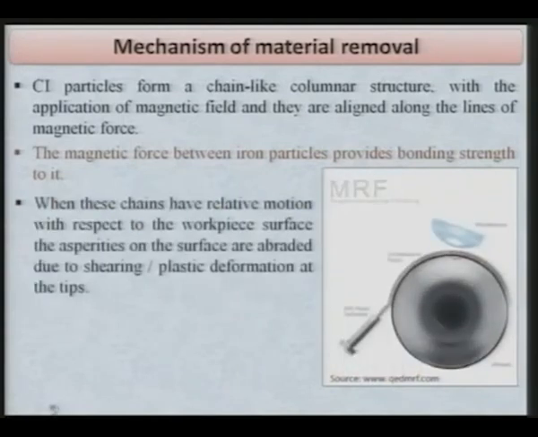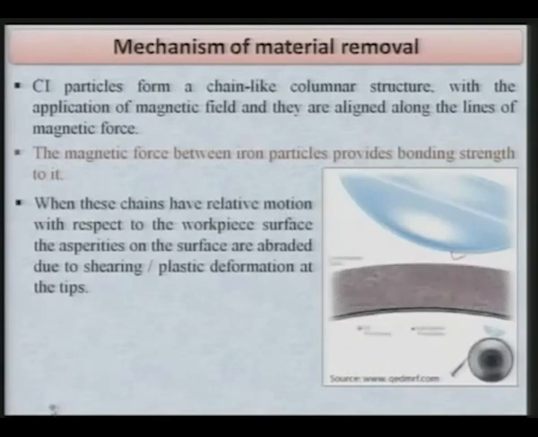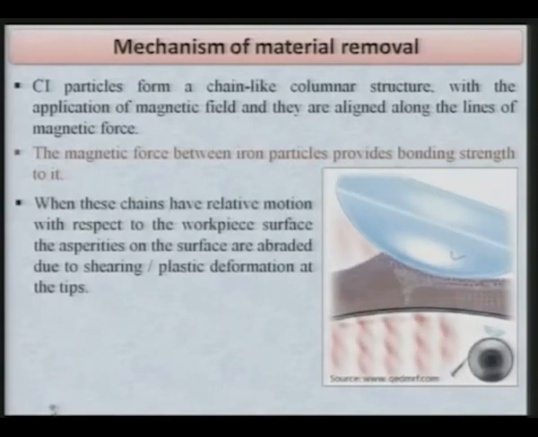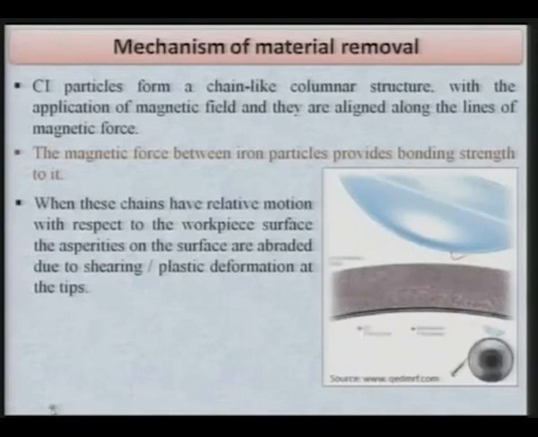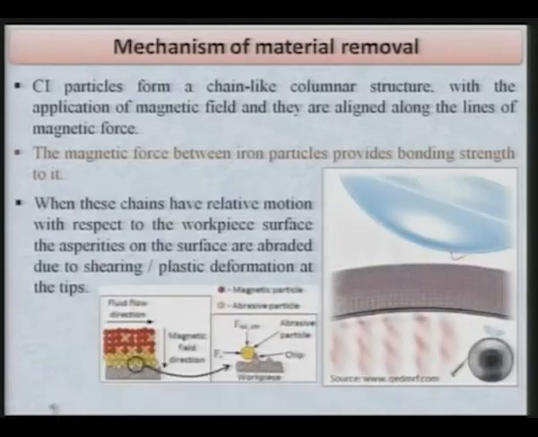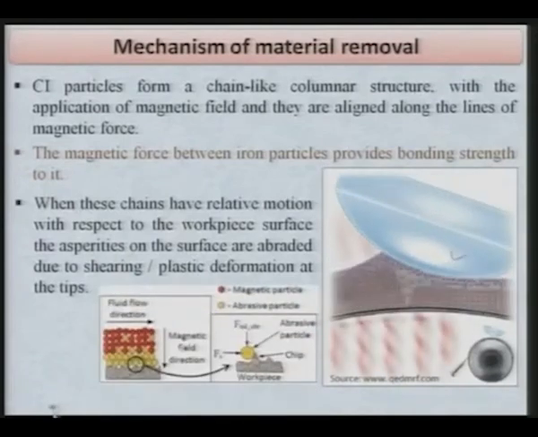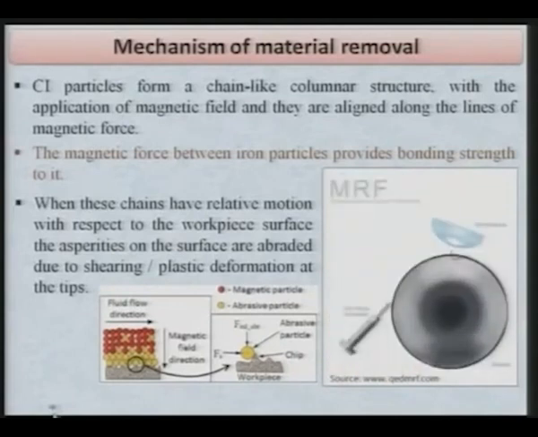Now, when these chains have relative motion with respect to the workpiece, here the workpiece is the lens shown in this blue color, the asperities on the workpiece surface are abraded due to shearing or plastic deformation at the tips. Now, this figure more clearly shows the mechanism of material removal.